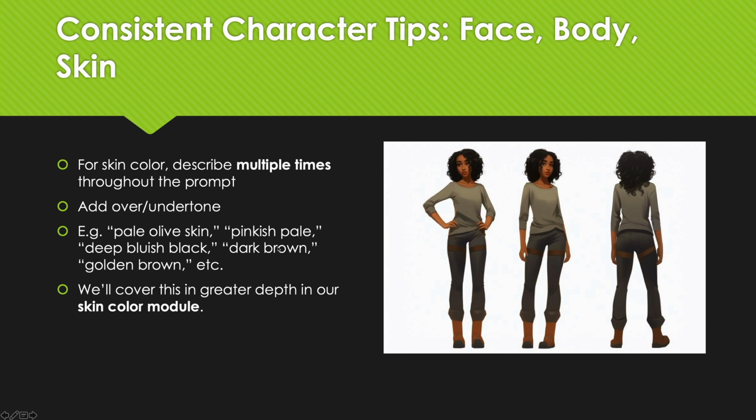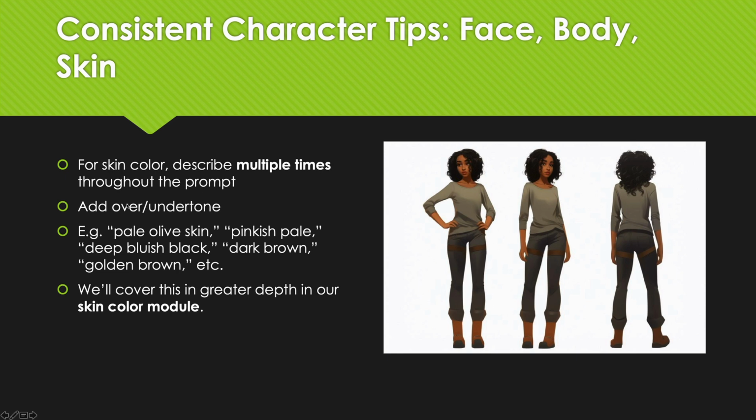All of the modifiers of the main color, whether that's brown, pale, black, olive. Well, olive is more of an undertone, but tan olive skin or tan reddish brown skin. Excuse me, I'm getting tripped up too, so don't worry if you get tripped up.